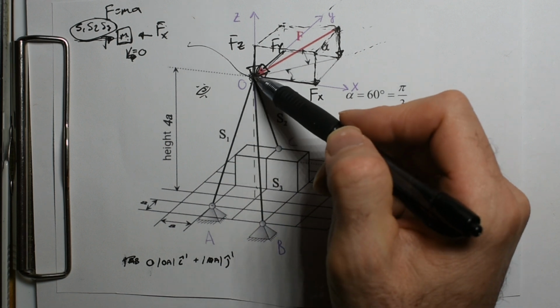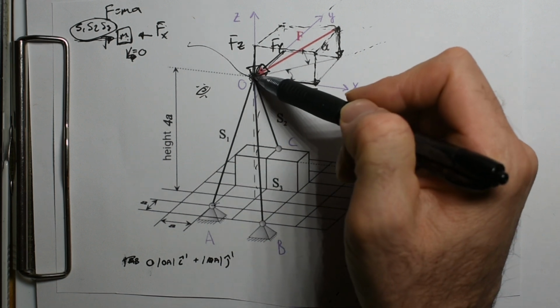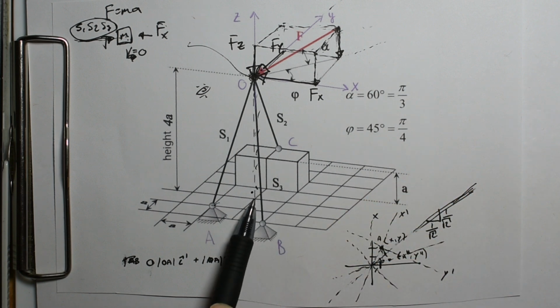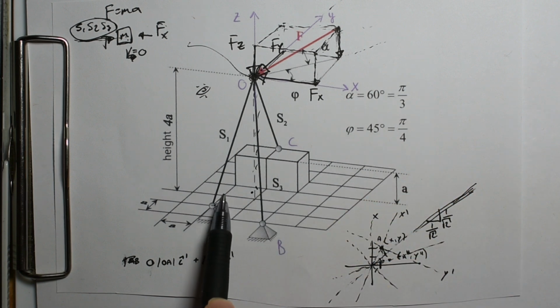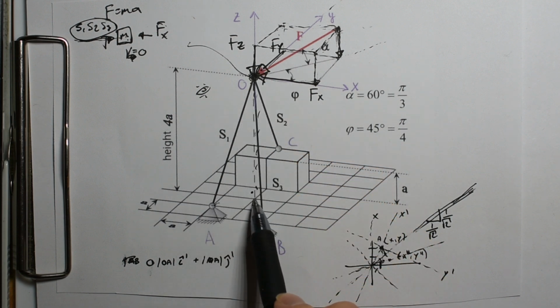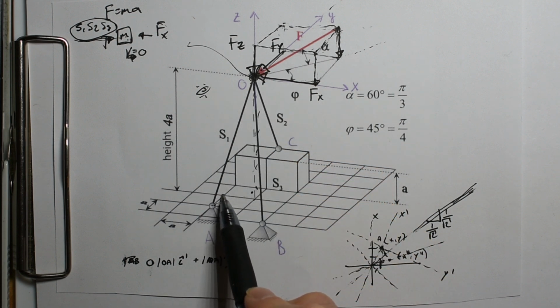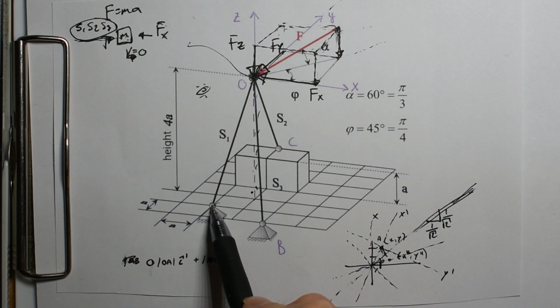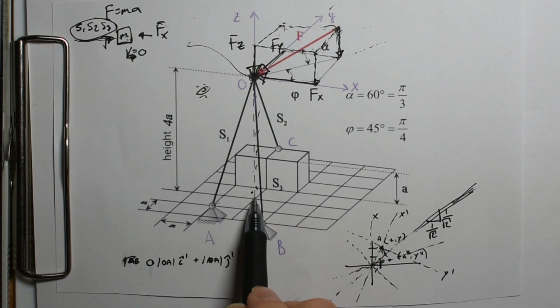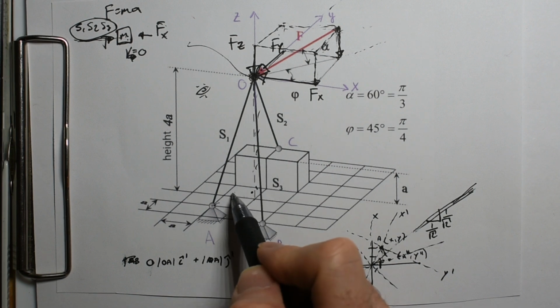If I'm going to S1, I'm going to go down in z, over in x in the negative direction, and negative y. So I'm going to go negative z, negative x, negative y. And so I went this direction.